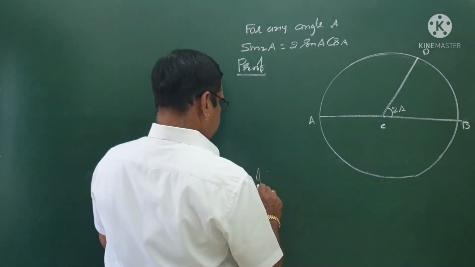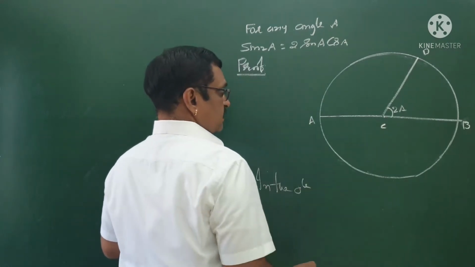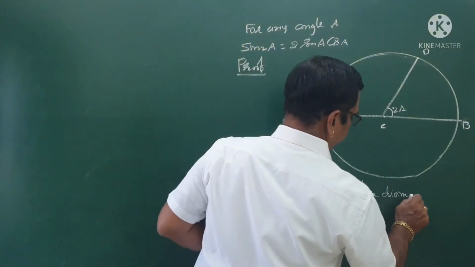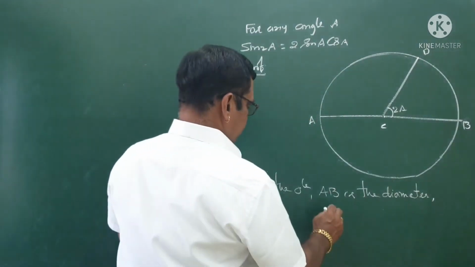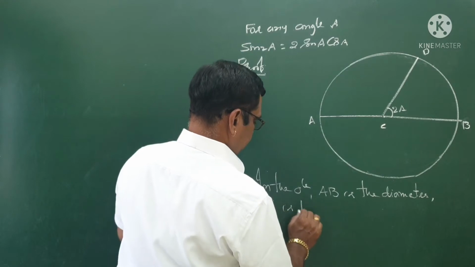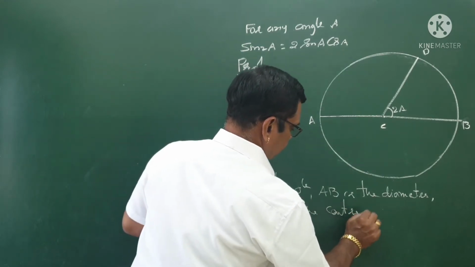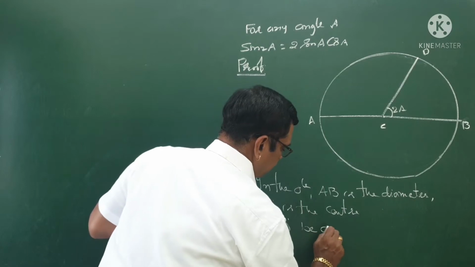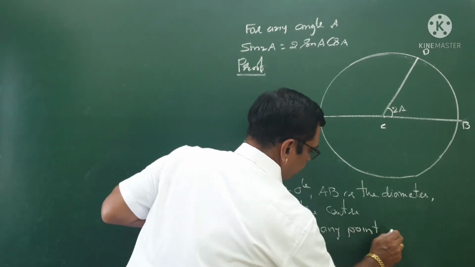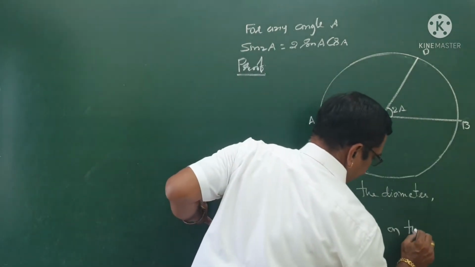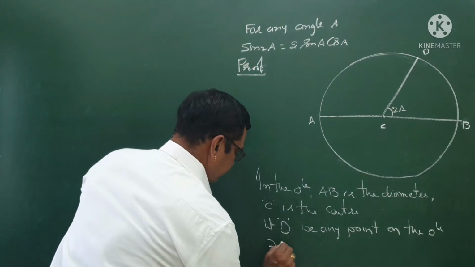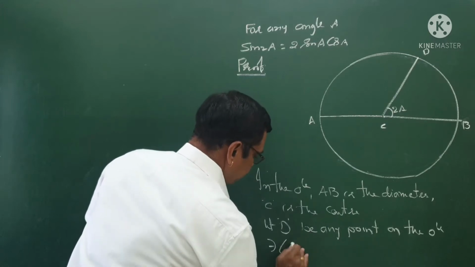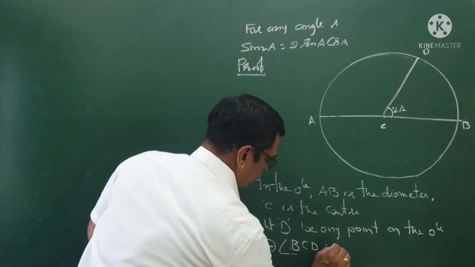So in the circle, AB is the diameter, C is the center, and let D be any point on the circle such that angle BCD is equal to 2A.